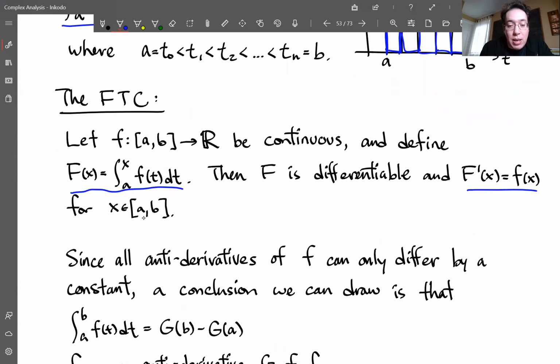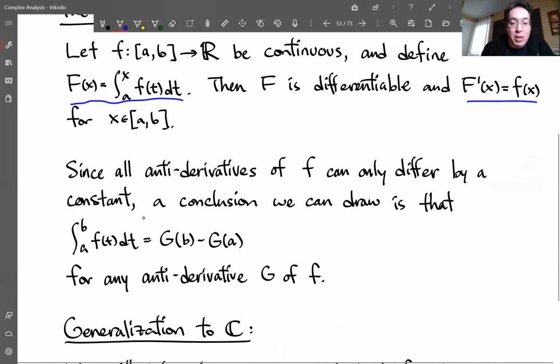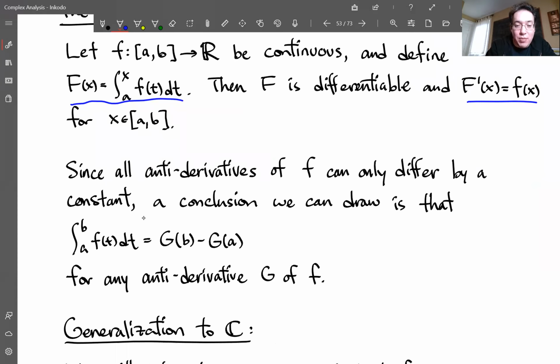Since all antiderivatives of a function only differ by an arbitrary constant, we usually write c. The conclusion we can draw is that if you take any antiderivative and look at the difference, the constant cancels out anyway, so we get the area underneath the curve.